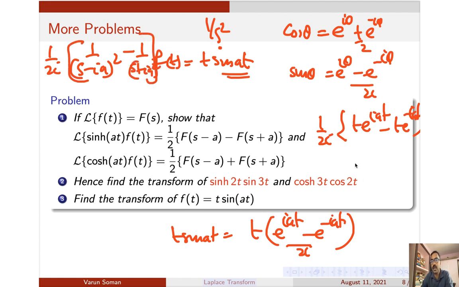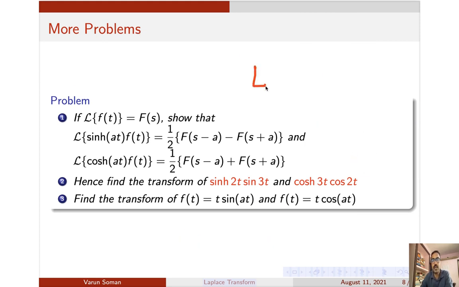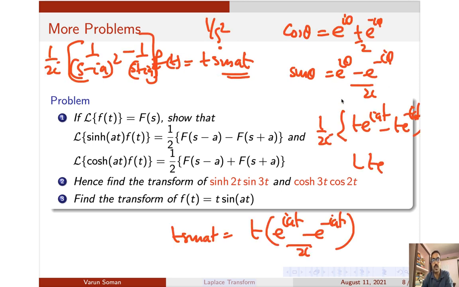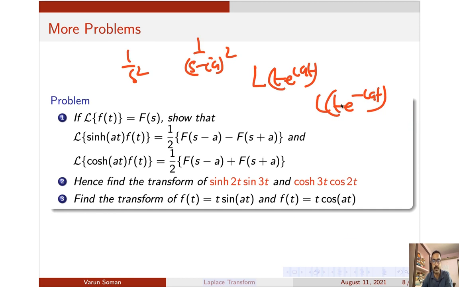If you need to find L of t e raised to iat, what will it be? First you find L of t. L of t is 1 by s square. So when it is e raised to iat, it will become 1 by (s minus ia) the whole square. Using that approach, you can also find L of t e raised to minus iat, and then just substitute those values there. Please compute them and try to simplify the answer.